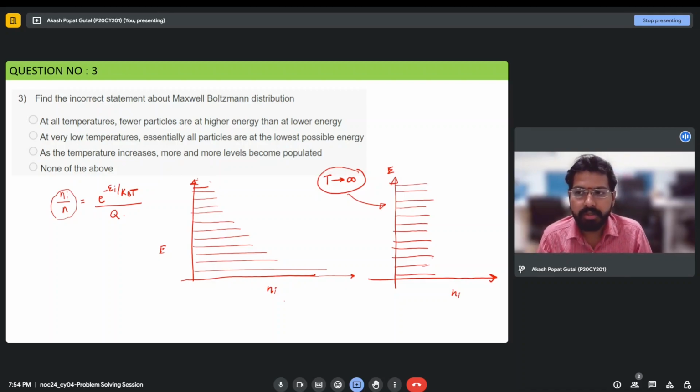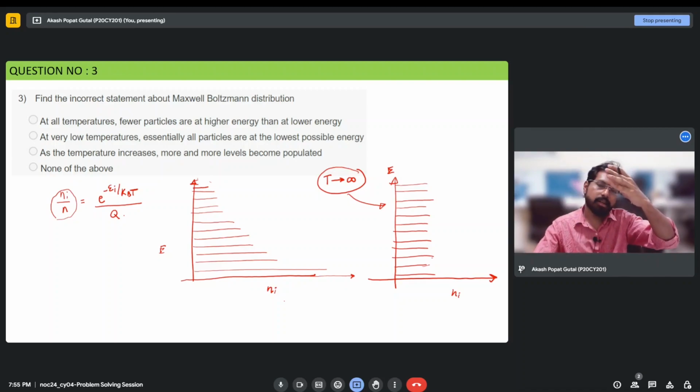So what the first statement tells us is that at all temperatures, fewer particles are at higher energy than at lower energy. This statement is true. Why? Because even at infinite temperature, the distribution of particles will be equal for all energy levels. That case will never occur where you have more particles at the higher level and fewer particles at the lower level.